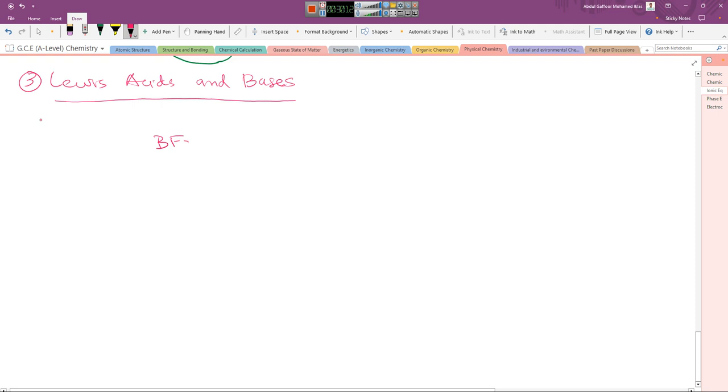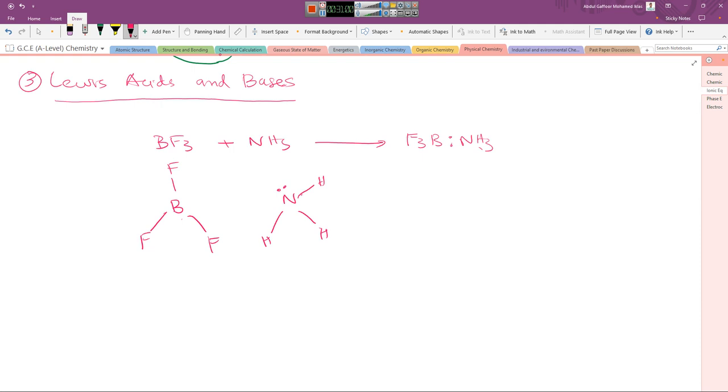Now let's say we have BF3 and NH3, right? So it will give you F3B-NH3. Now if I draw the structure of BF3 and NH3, we have an empty orbital in boron and we have a lone pair in nitrogen.